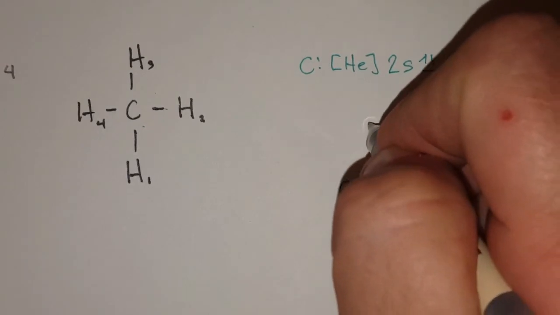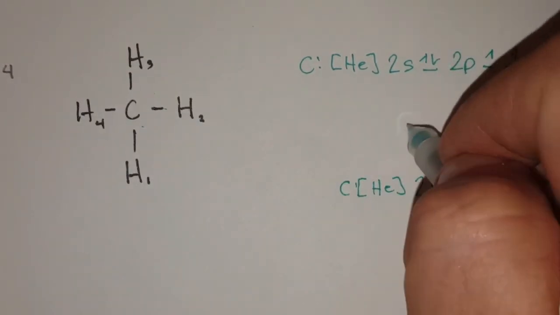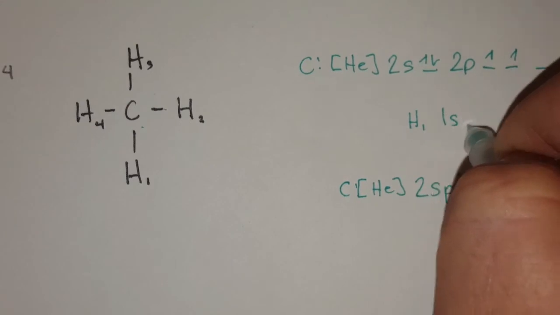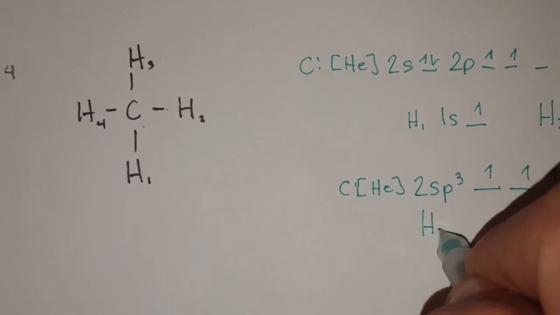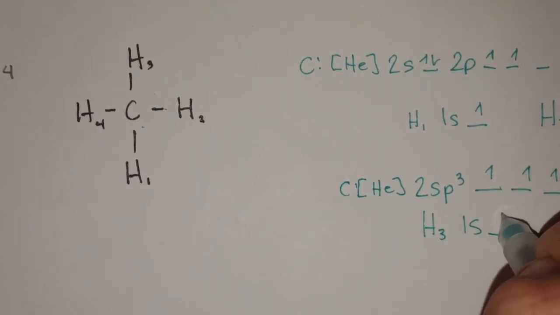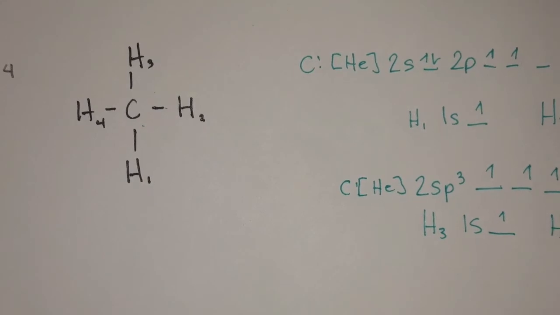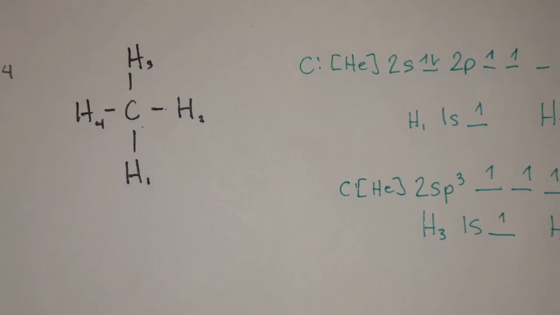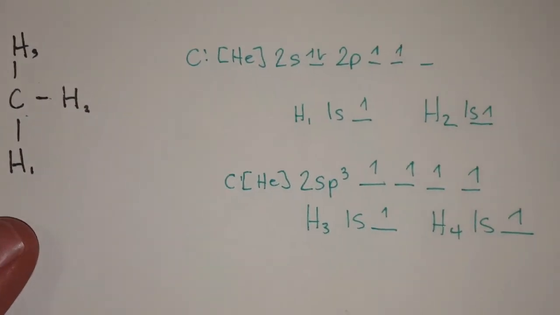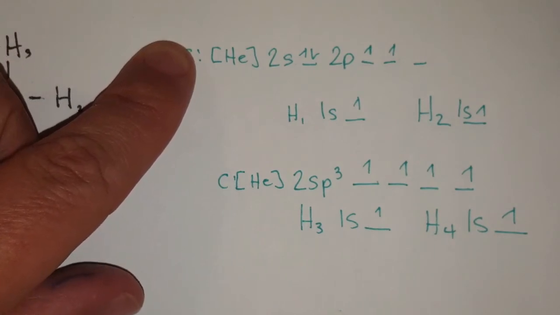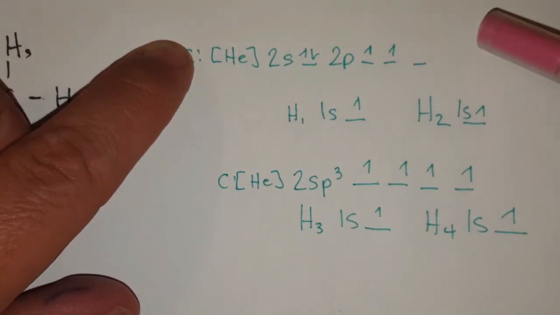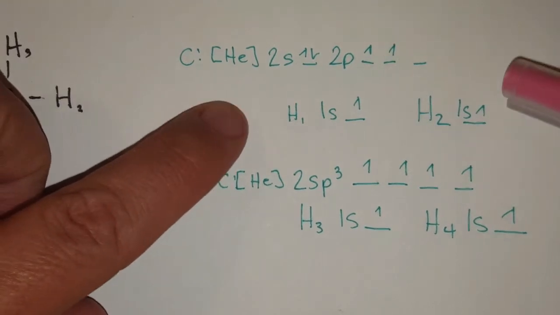And then we have each of our hydrogens with their electrons. So our first step was to do Lewis, second, we show our valence energy level diagrams, then we show our hybridization.